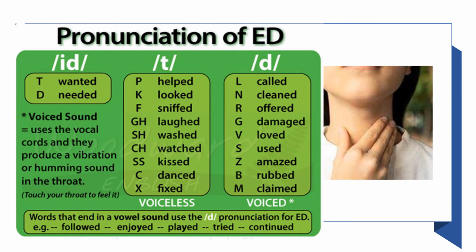So the rule is, if the last letter of the base form of the verb is a voiceless or unvoiced consonant, such as in helped, the base form is help. P is a voiceless sound, so it will end with the t sound.